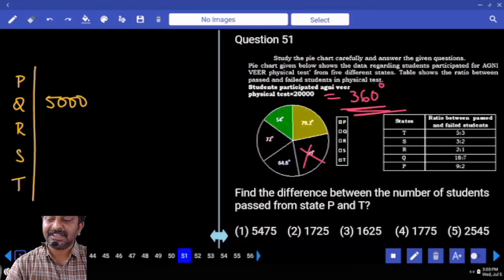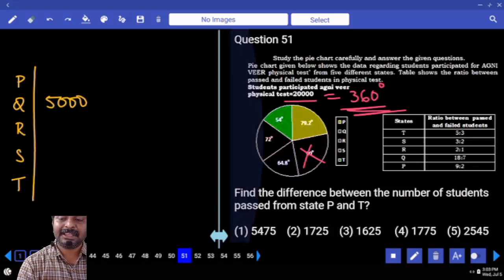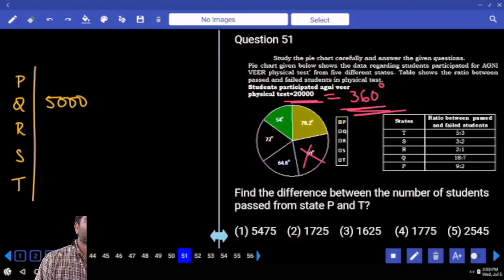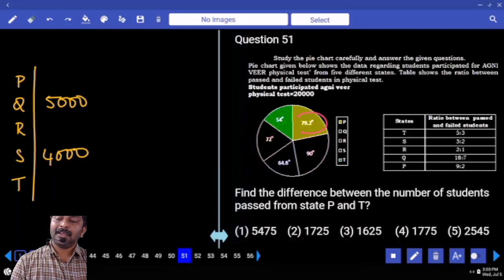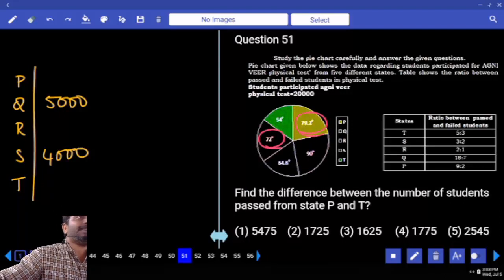Out of 360 degrees, what is 10%? Double. That means 72 is 20% of that number only. 20% of 20,000 is 4,000. Which value is that? 4,000. Right? Now, if you observe 79.2 with respect to 72.